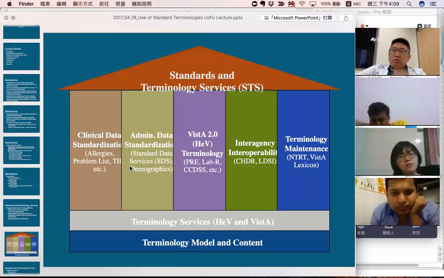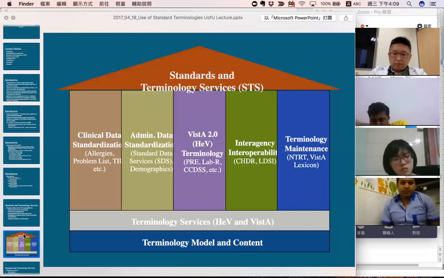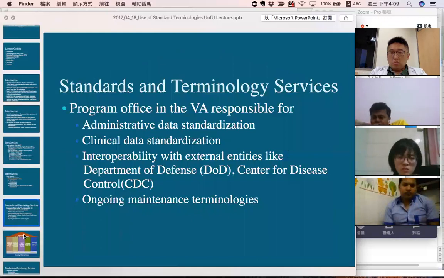They just need to store the clinical data, then we need to care about the administrative side. Then you can develop a lot of sub-modules. Then you need the terminology service to take care of interoperability. So any question about that? Okay.